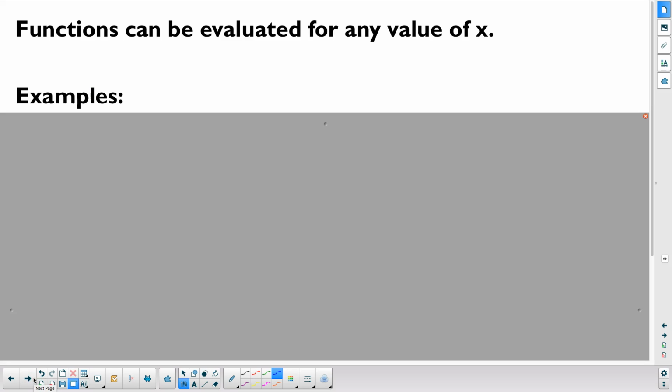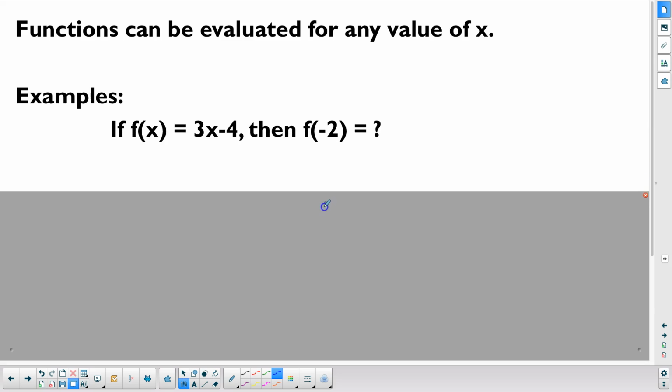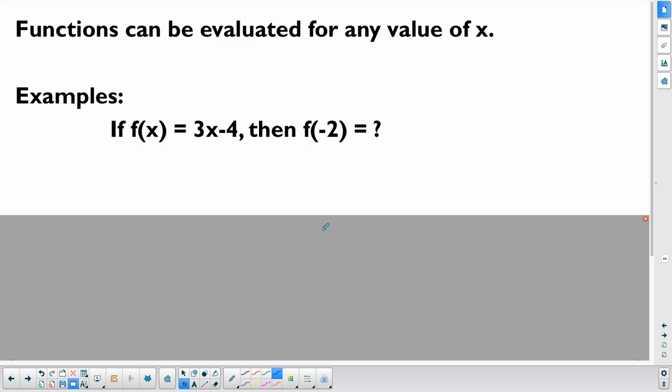So, now that we remember what function notation is, we can evaluate those functions. I can give you a problem that says something along the lines of, if f of x is equal to 3x minus 4, then f of negative 2 is equal to what? Or find f of negative 2.